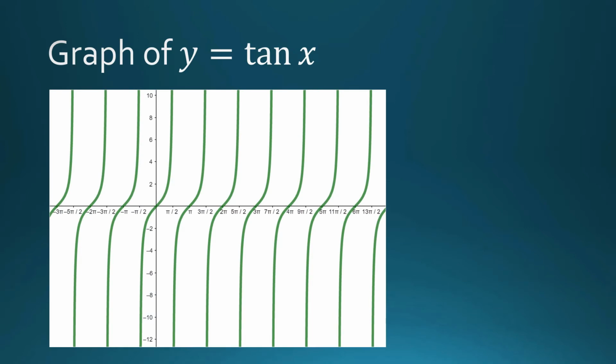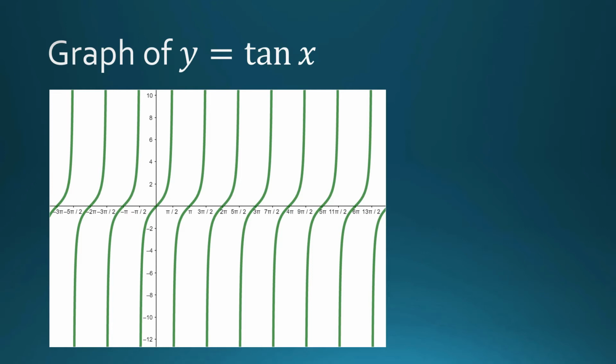I can remember my days when I first sat in a class and our teacher was talking about the graph of circular functions. One day we were talking about the graphs of sine and cosine, and the next day it was tangent. And nothing from the graph of sine and cosine prepared me to accept this, to even imagine that this is how the graph of our tangent function is going to be.